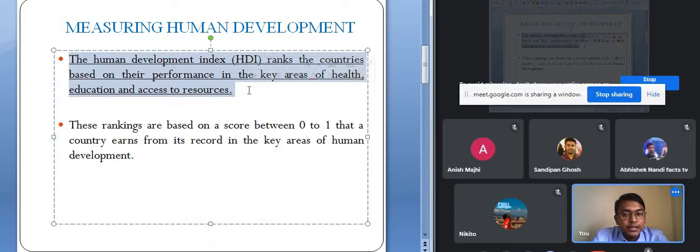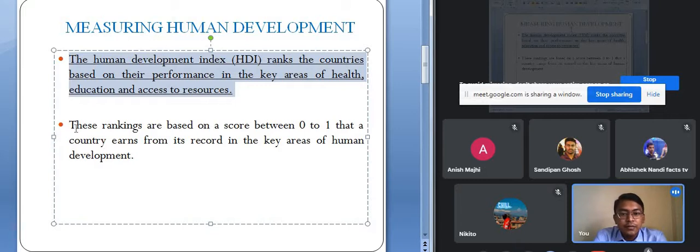Yesterday also I said, the three key areas of human development are access to health facilities, access to education facilities, and access to resources. Depending upon the score the country gets from health, education, and access to resources, they are provided different ranks.